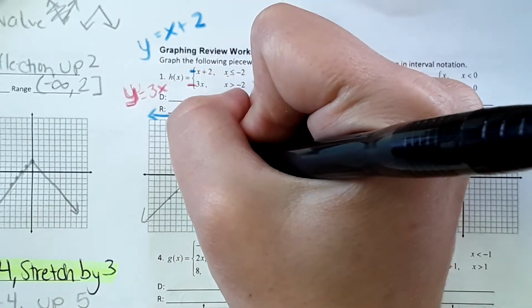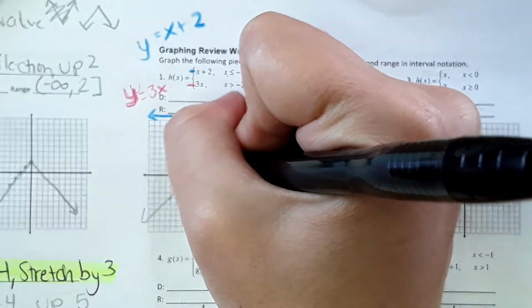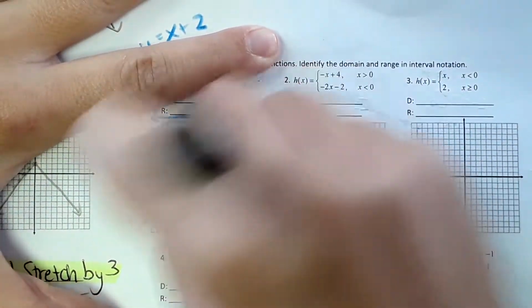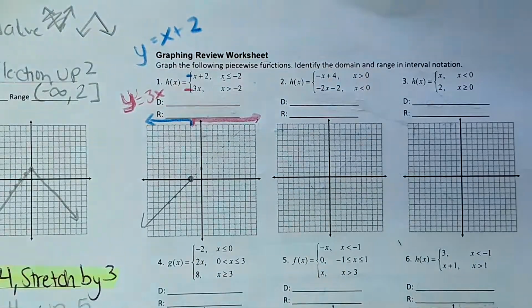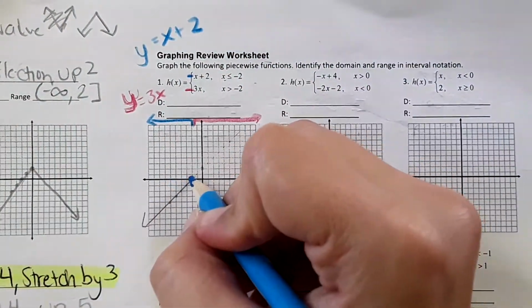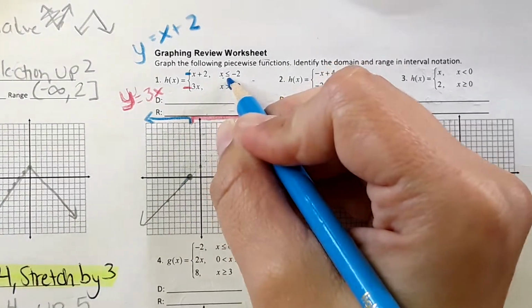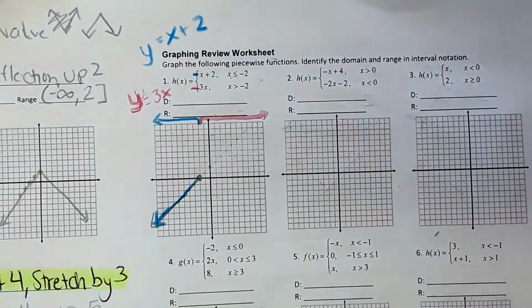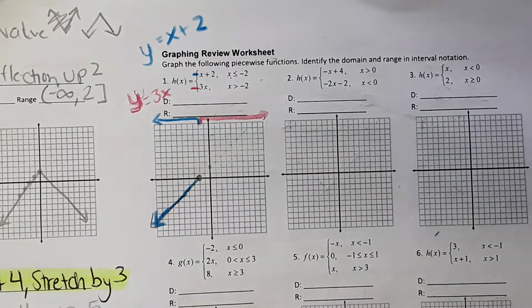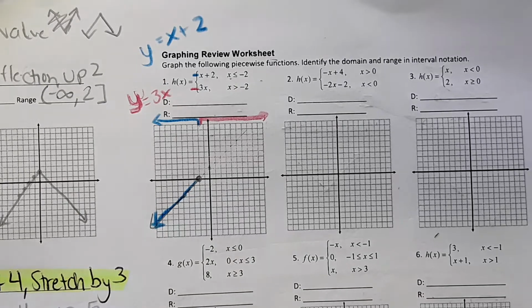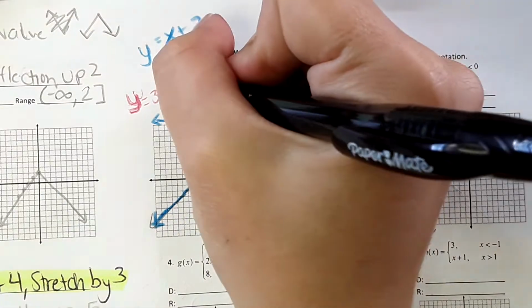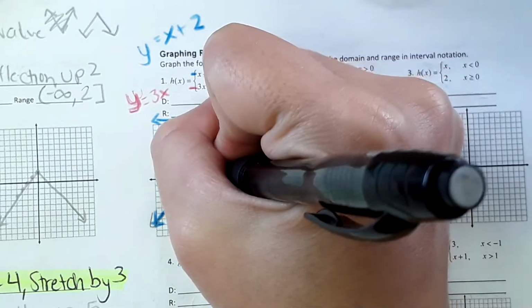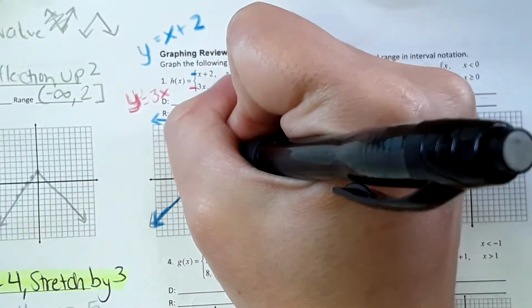So finding -2 here and a closed dot because it's less than or equal to, and then erasing the rest. Is that an open or closed dot? It is closed because x is less than or equal to -2. So we got a blue arrow. The slope is 1. And then the next one, y equals 3x. There's no y-intercept labeled, so it's just 0 is the y-intercept. Up 3 over 1.